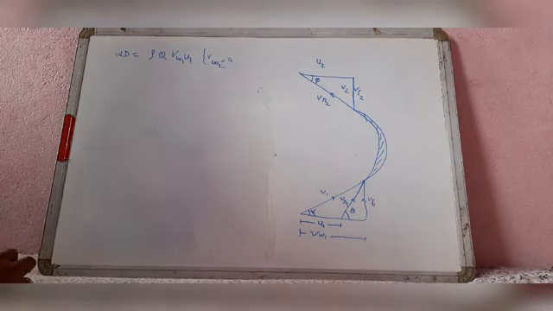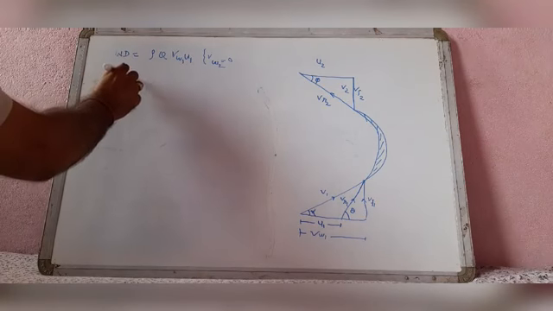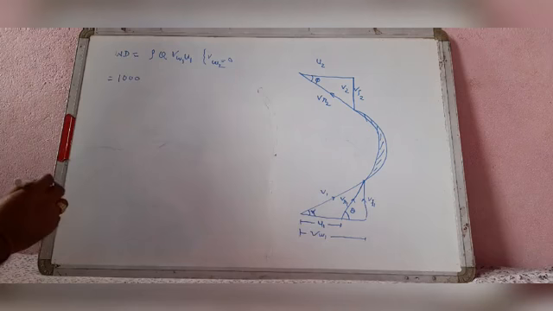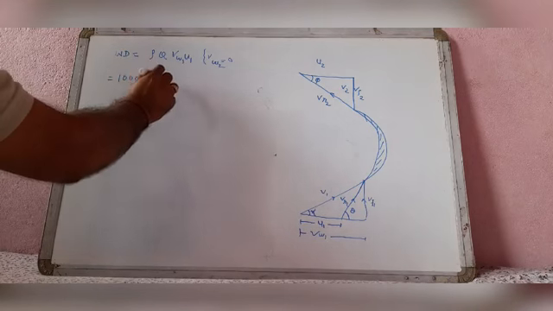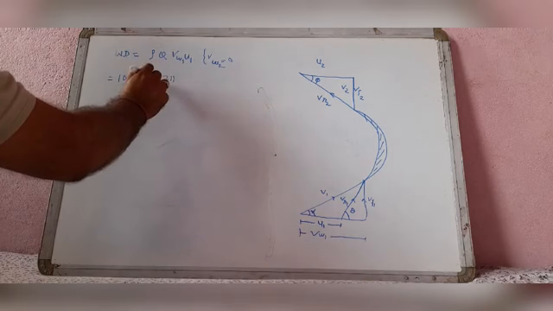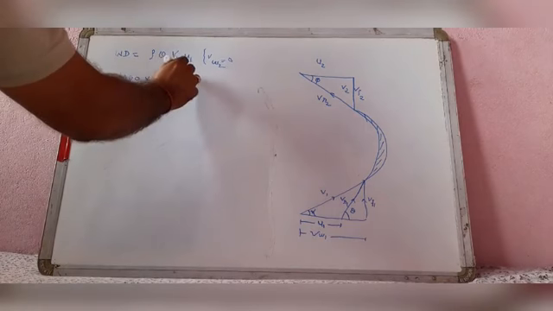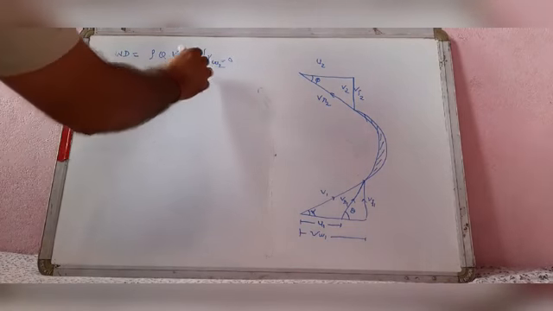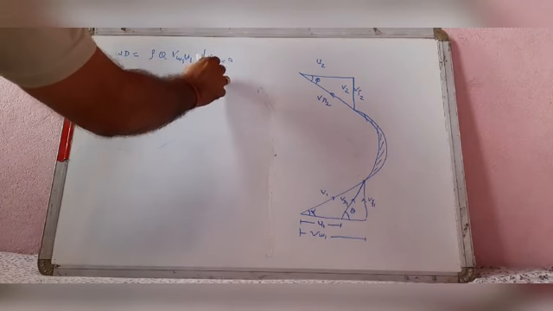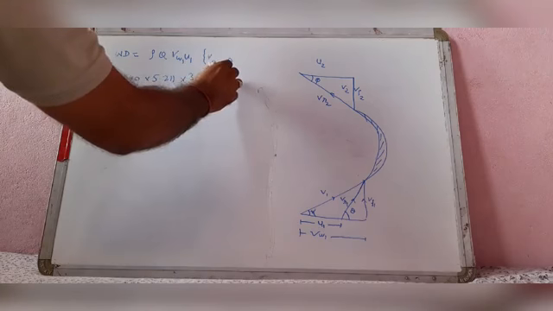So putting the values here, rho is 1000 for water, Q we have calculated 5.211, Vw1 is 35.79 into U1 is 28.27.